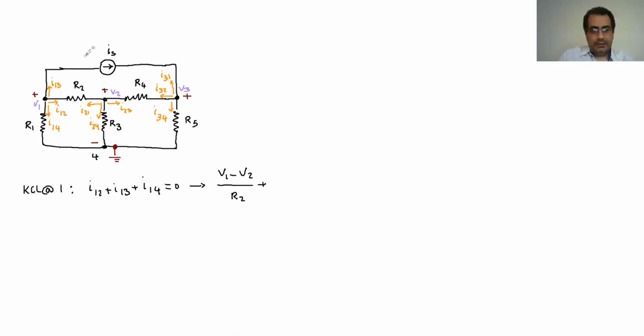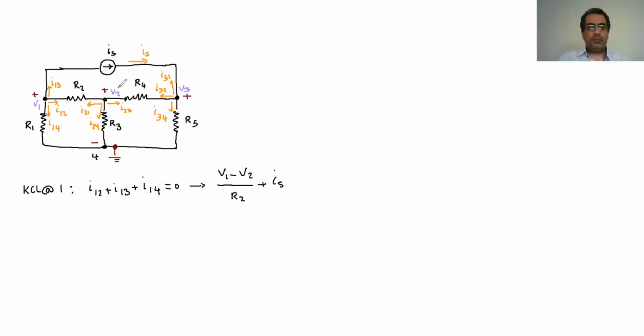In this wire up here, the current is IS, because there's a source here that pushes IS in that wire. So in other words, I13 is equal to IS. Instead of writing I13, I just replace it with IS, and it's known, because of the source we have.